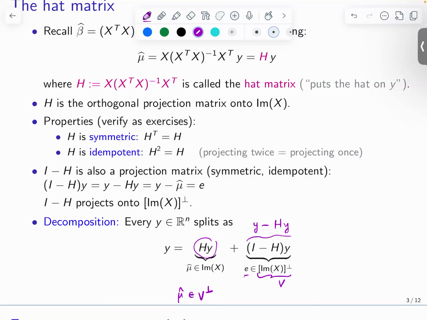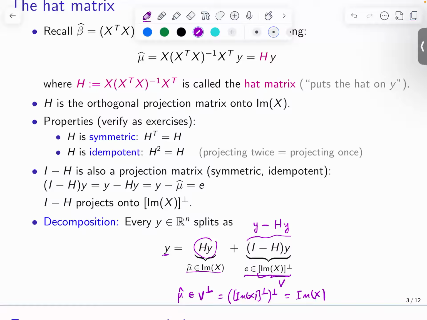Remember that the perp of the image of X perp gives me back the image of X. We know that mu hat is in the image of X, so it's really in V perp. So we have y decomposed into a component in V and a component in V perp, so that E has to be a projection because the difference is orthogonal to V.